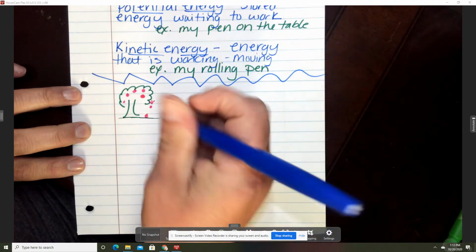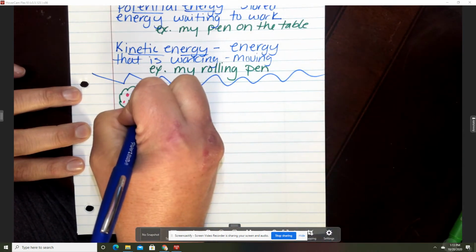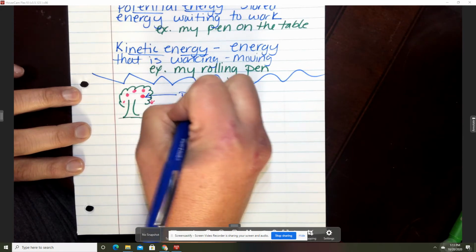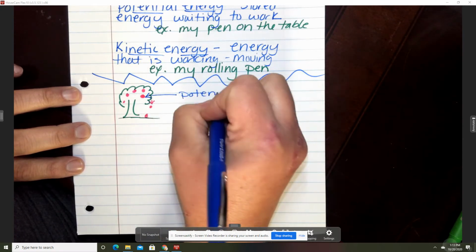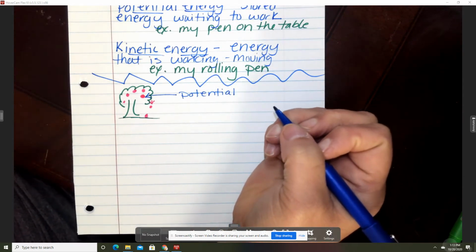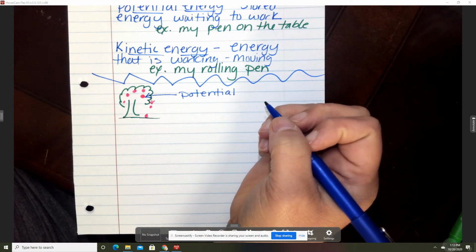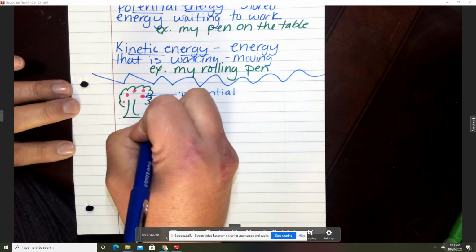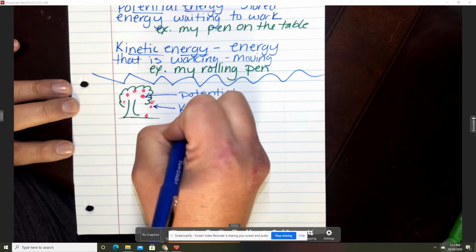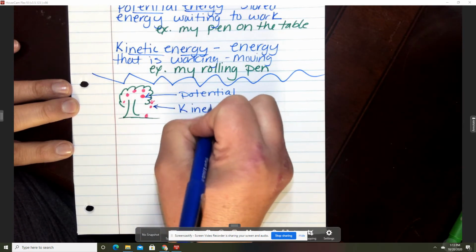So this apple has potential. It could fall. It's got energy waiting there. If enough wind blew, that apple's going to fall to the ground. And this little fella, he's moving already, so he has kinetic energy.